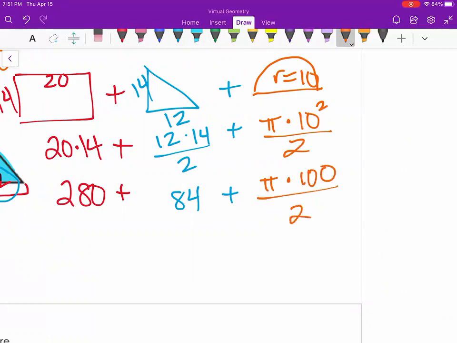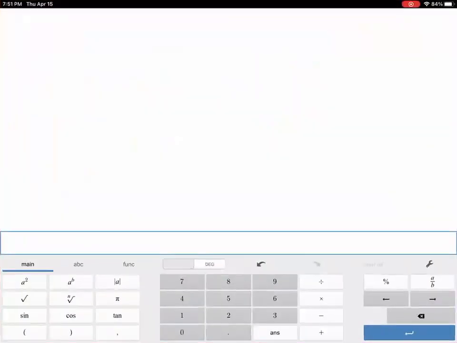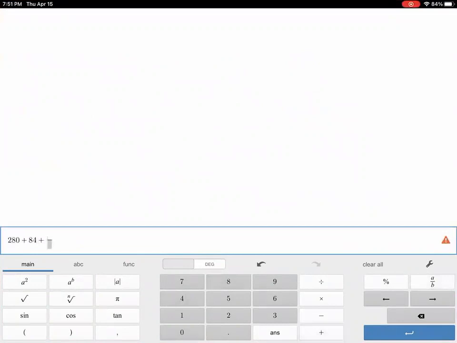And now let's put this inside our calculator and add all of this up to get our total area. So we have 280 plus 84 plus, now comes our half a circle. So if you notice, the Desmos does have a pi button right above tangent, just to the left of the 4.